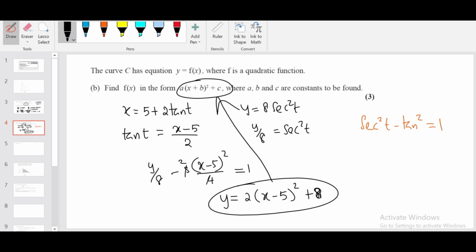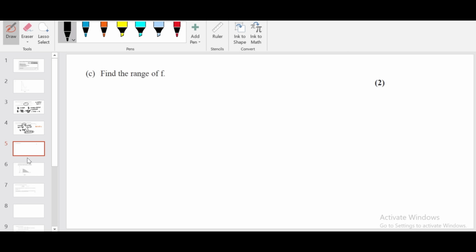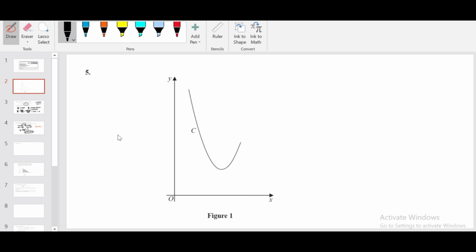That's all. Now the next part, find the range of f. The graph is given here. It's a quadratic graph. We have got the Cartesian equation of the graph, 2 times x minus 5 whole square plus 8.